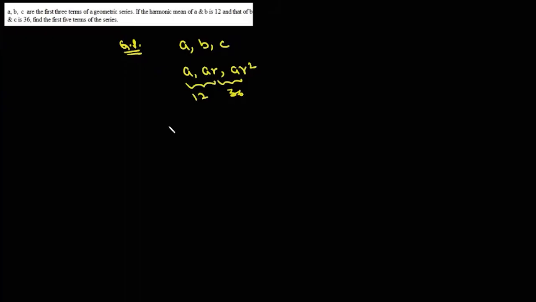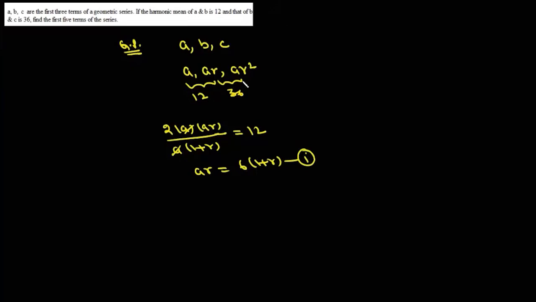Now the harmonic mean of a and ar is 2 a into ar upon a into 1 plus r, and that equals 12. Now here a will cancel, so we can write ar equals 6 times 1 plus r, and that's our first equation.